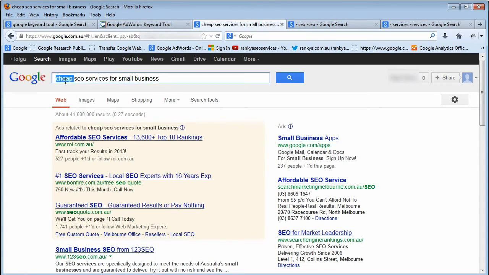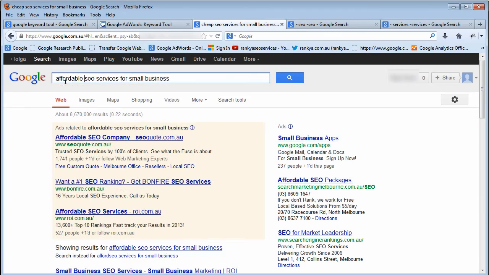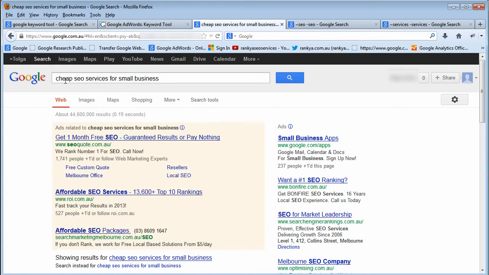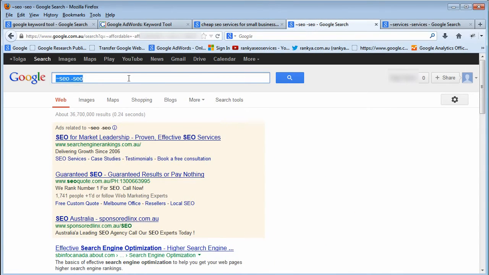So if I'm ranking for this, it's simple. Not everyone's going to be typing affordable. Some people think of affordable as cheap, or some people think of affordable as low cost, for example, right? So same thing, for each keyword you're targeting, you must write these down too.